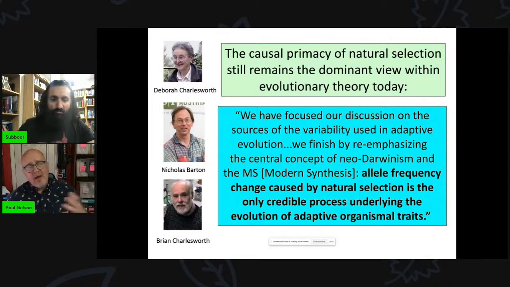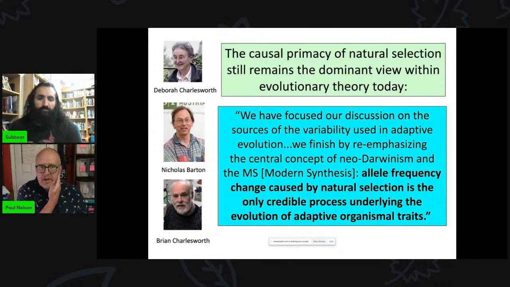But I think, by and large, my best estimate for current opinion is that if you went to an academic biology program, here at the University of Illinois or University of Chicago or Northwestern, institutions here in the central United States, chances are most biologists would say natural selection as a causal process is largely the responsible party, so to speak, for why I've got this well-designed hand and so forth.